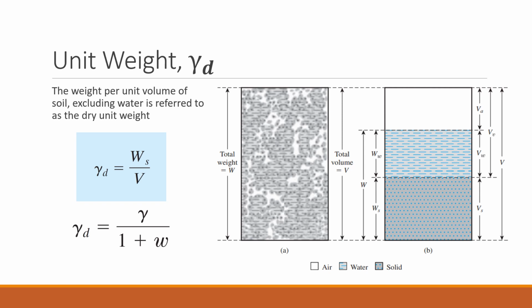So pwede pod, no, nga naa tay simplified nga formula for our gamma dry, or muna siya usually ang ginagamit sa field, no. Gamma dry is equal to gamma moist or gamma lang, which is tong unit weight sa atong moist soil over 1 plus moisture content, if given the value of the moisture content.